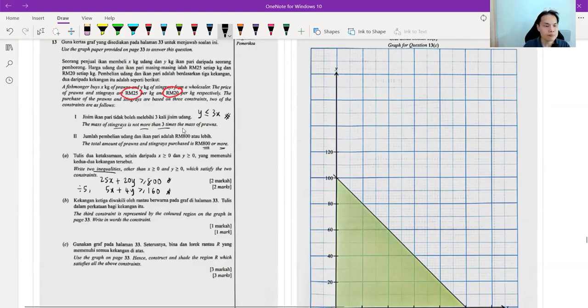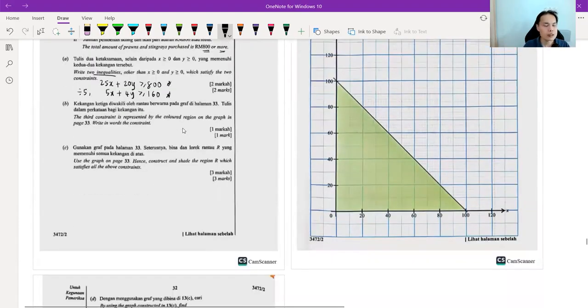Okay, next one. The third inequality, the third constraint, is represented by the colored region on the graph on the right. First of all, you can see this line passes through 100 and 100.